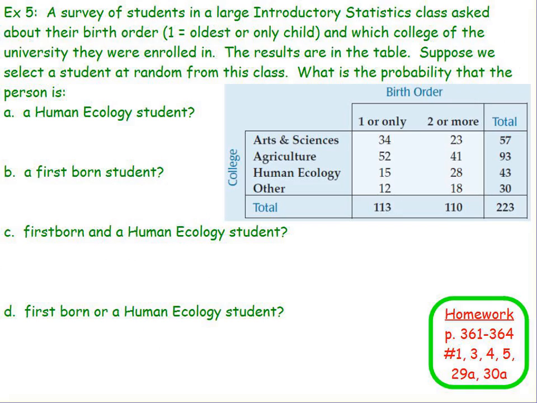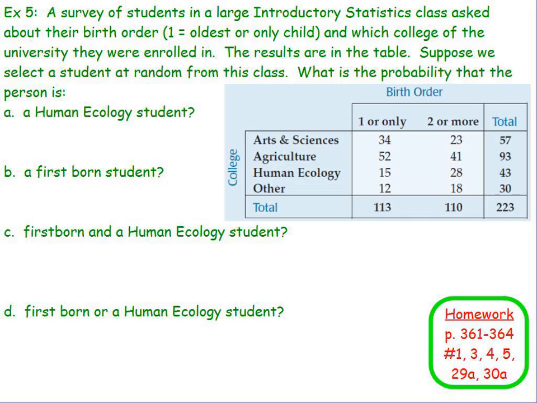This one's organized differently. This involves a table, so we're going to go through this one together. A survey of students in a large introductory stats class were asked about their birth order. When you see one or only, that means that they were the oldest child or an only child, and which college of the university they were enrolled in. The results are in the table.